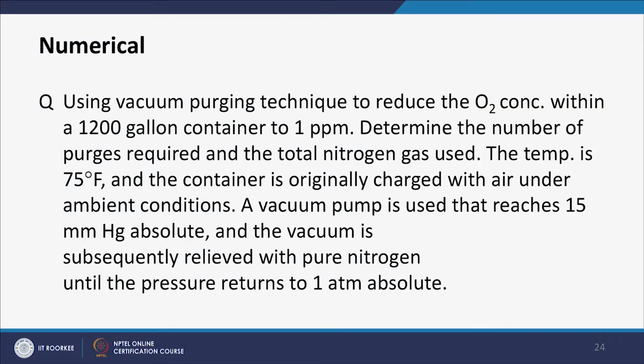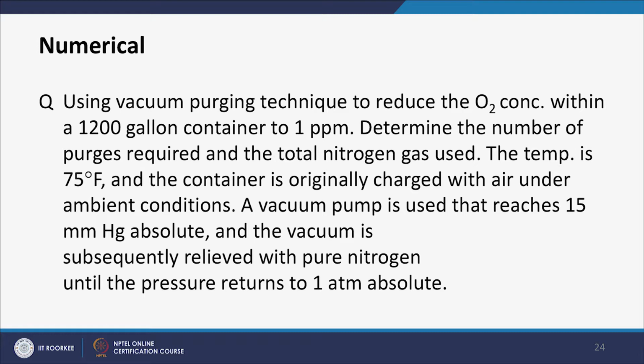Let us take another example that is related to the vacuum purging technique. Using the vacuum purging technique to reduce the oxygen concentration within a 1200 gallon container to 1 ppm, you need to determine the number of purges required and the total nitrogen gas used.